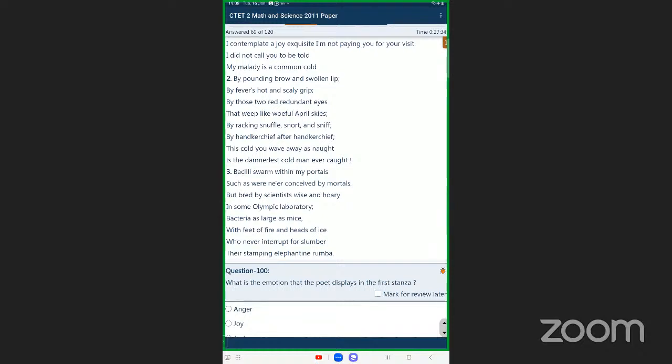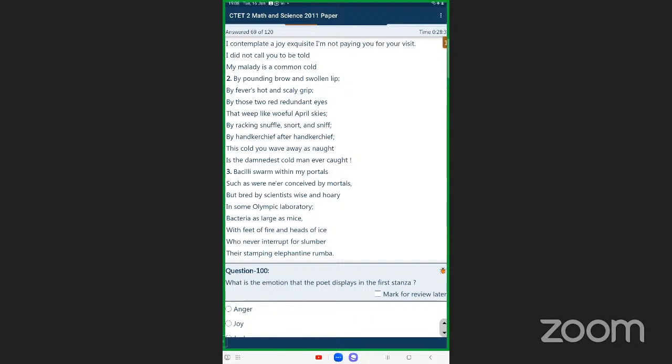This cold you have is not the damnedest cold man ever caught. Bacilli swarmed within my portal, such as were never conceived by mortals, but bred by the scientific wise, the honorary in whose Olympic laboratory bacteria as large as mice, with feet and fire and brain and eyes, who never interrupt slumber, their stamping elephantine rumba.